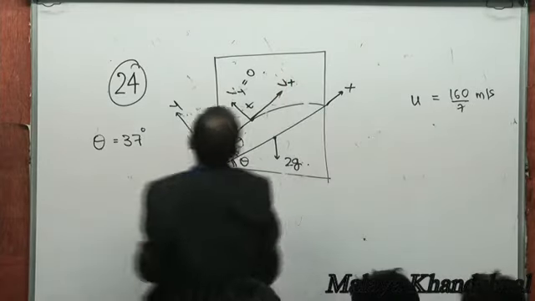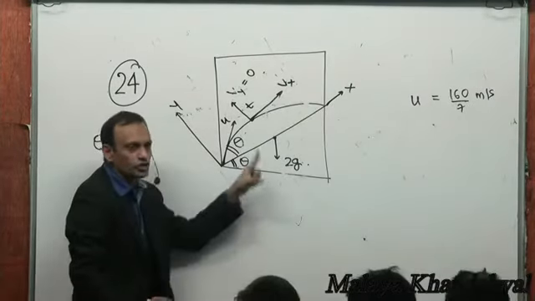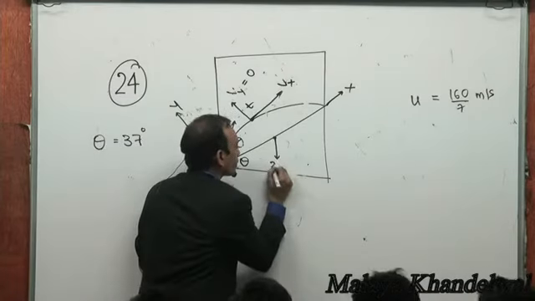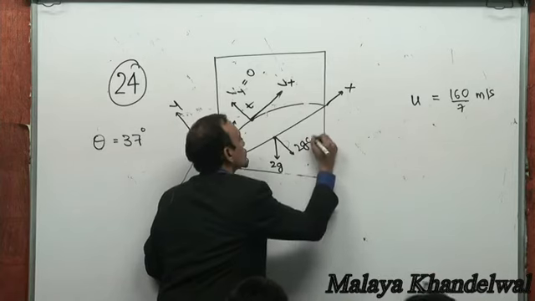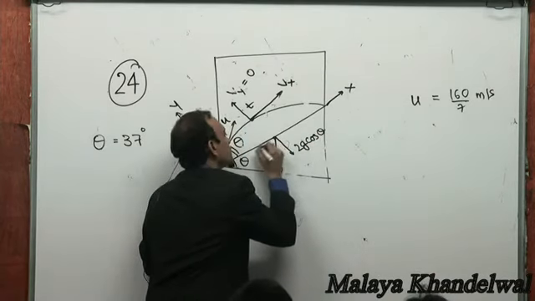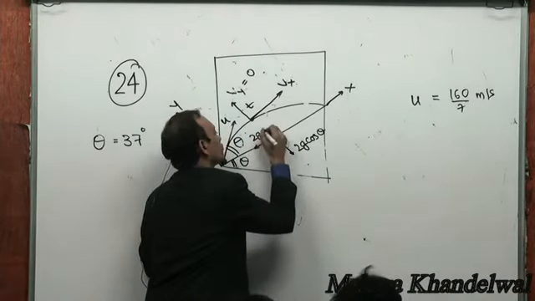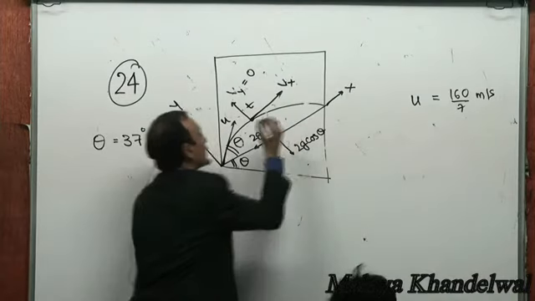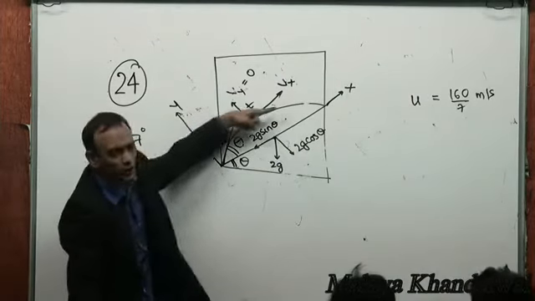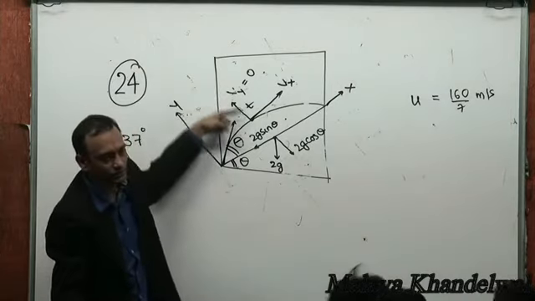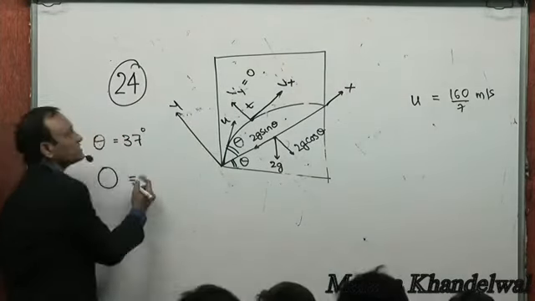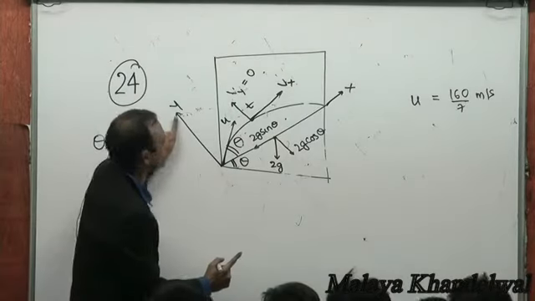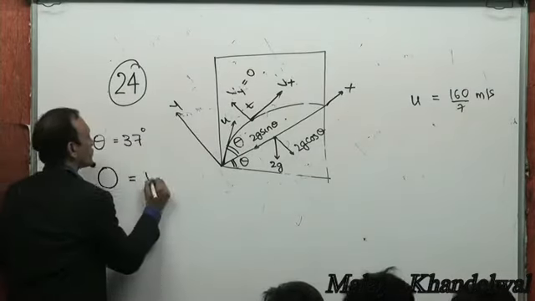Again, you can resolve 2g as 2g cos theta like this and 2g sin theta like this, right? So if I write the equation of motion in the y direction, velocity in the y direction in time t becomes 0, is initial velocity in the y direction, which is what, u sin theta, right?